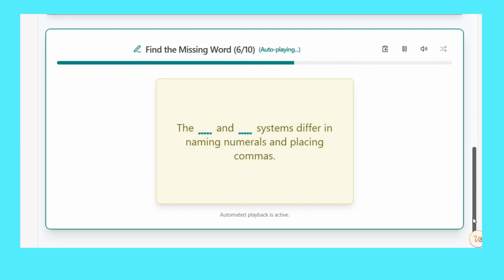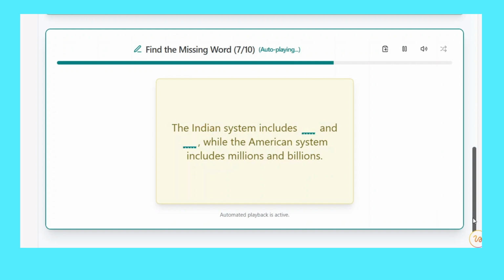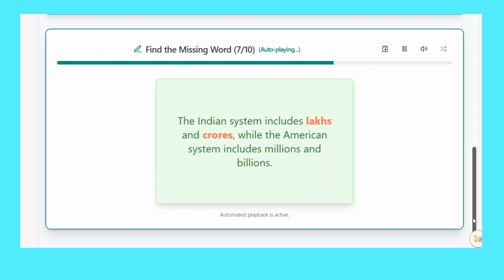The dash and dash systems differ in naming numerals and placing commas. Indian, American. The Indian system includes dash and dash, while the American system includes millions and billions. Lakhs, crores.